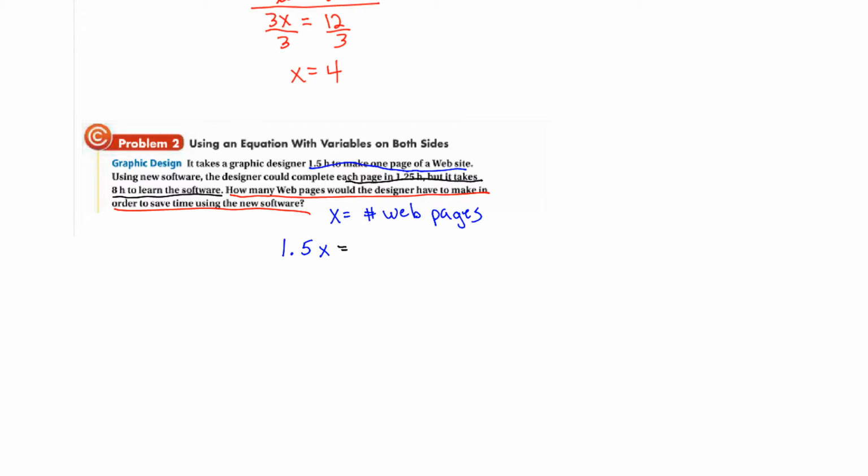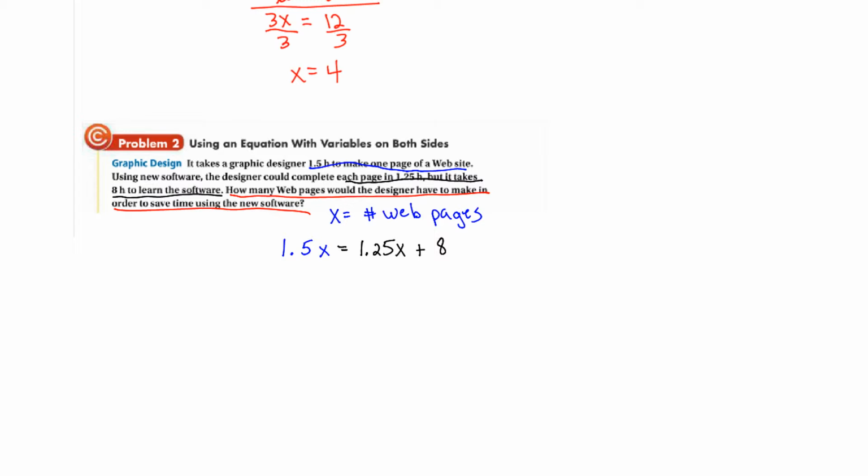Then the other side says it would take 1.25 hours per page, so 1.25 times x, but it also takes 8 hours to learn it, so I'd have my plus 8. So now I'm going to solve this.